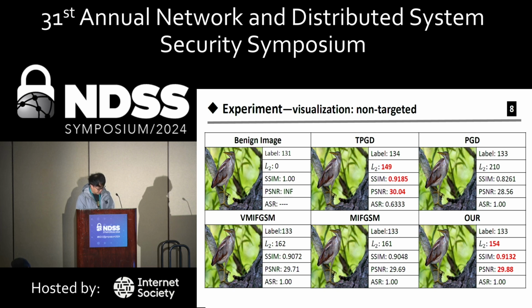The label represents the predicted label of ResNet 50. The result shows that our method generates adversarial examples with better perceptual quality than PGD, VMIFGSM, and MIFGSM under the same attack success rate.